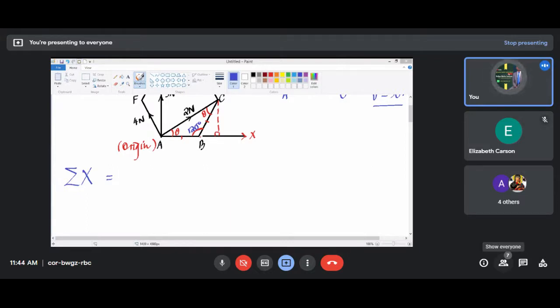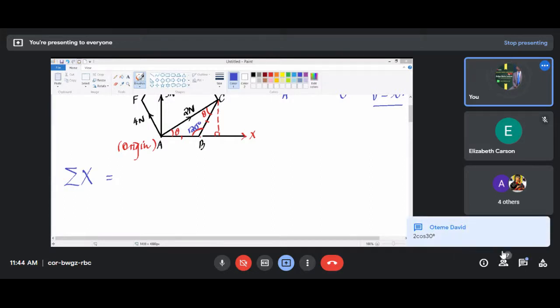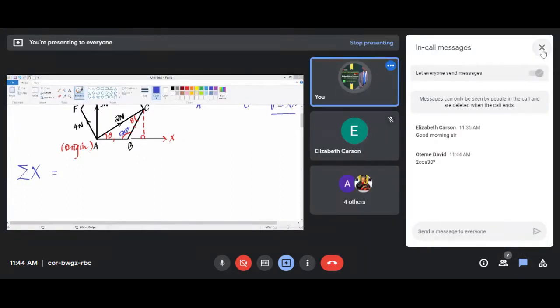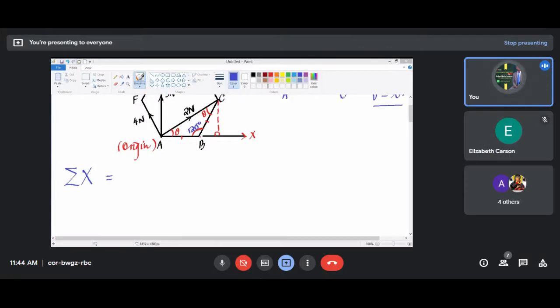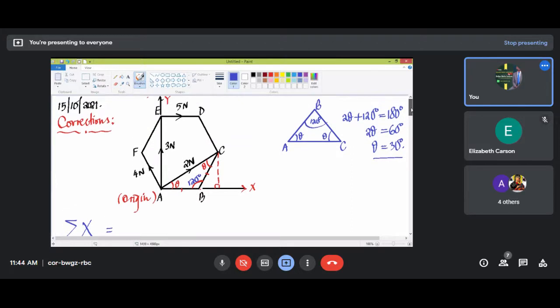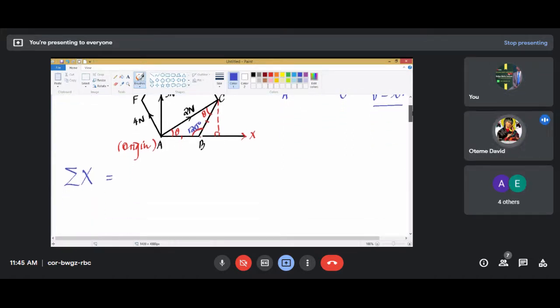David suggests that it is 2 cos 30. Is he right? Master observation is a negative.